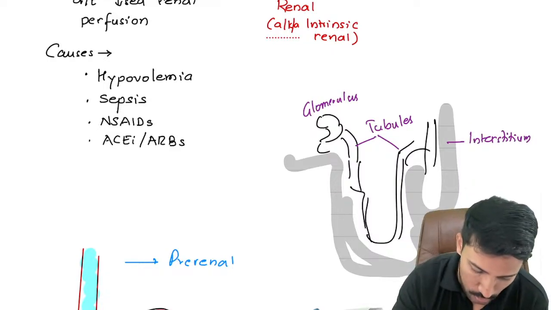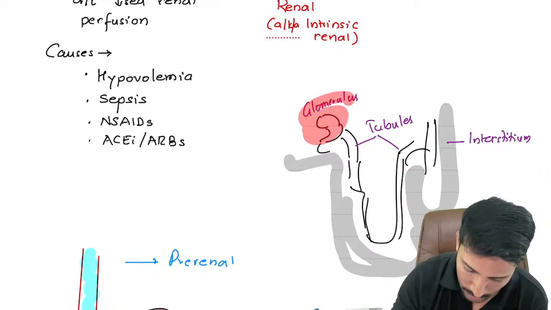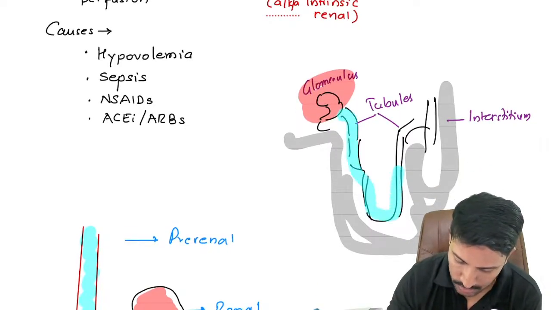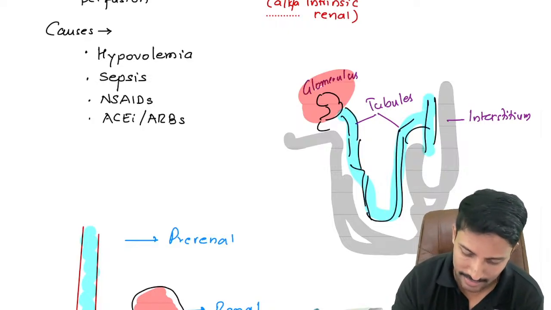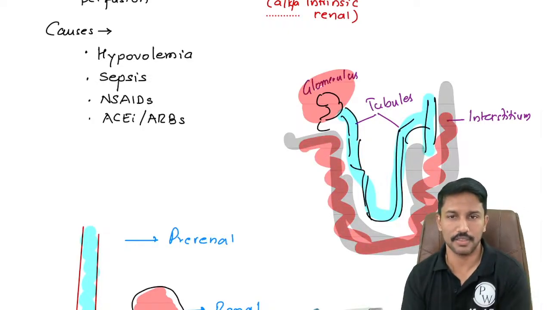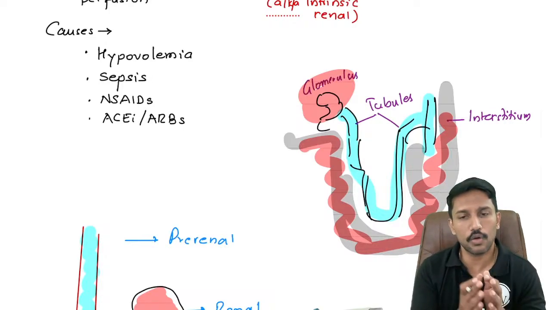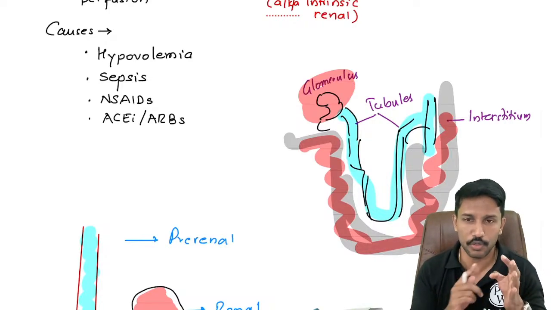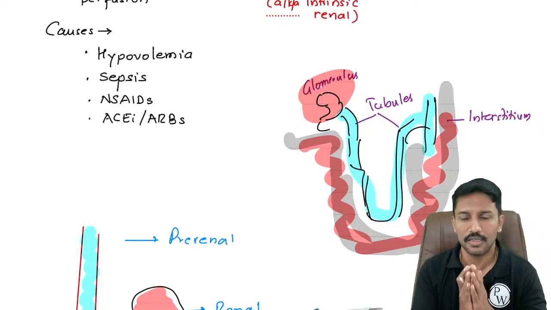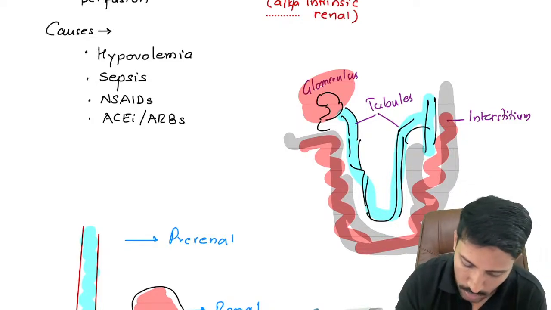So damage to glomeruli can cause renal dysfunction, damage to tubules can cause renal dysfunction, and damage to the interstitium can also cause renal dysfunction. So the renal causes for acute kidney injury, we will classify into glomerular disorders, tubular disorders, and interstitial disorders, right? Three categories for the renal.